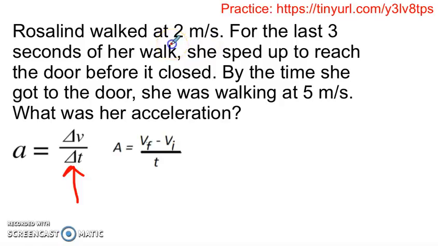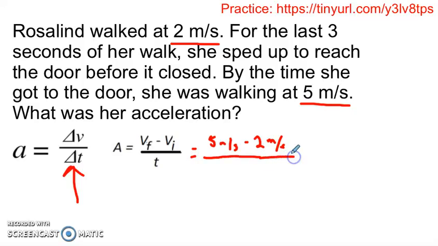So she was walking at 2 meters per second, and she ended up at 5 meters per second. So that is literally 5 meters per second minus 2 meters per second. I could have just in my head gone, 5 minus 2 equals 3, but that's just the way I did it here.